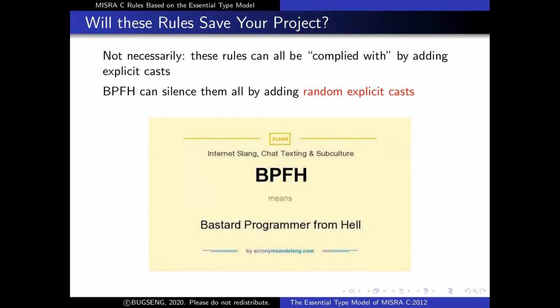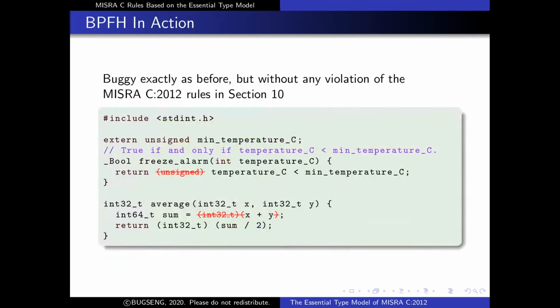So here is an example, the examples we have started with, the hidden enemy example and the imaginary friend example. Here, BPFH adds the wrong explicit cast here. It adds a wrong explicit cast here.